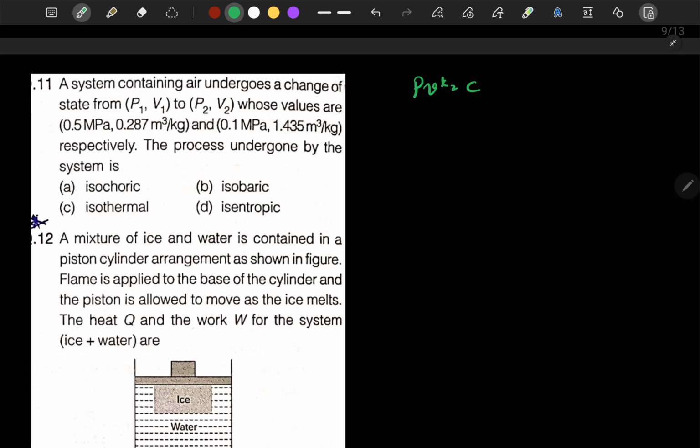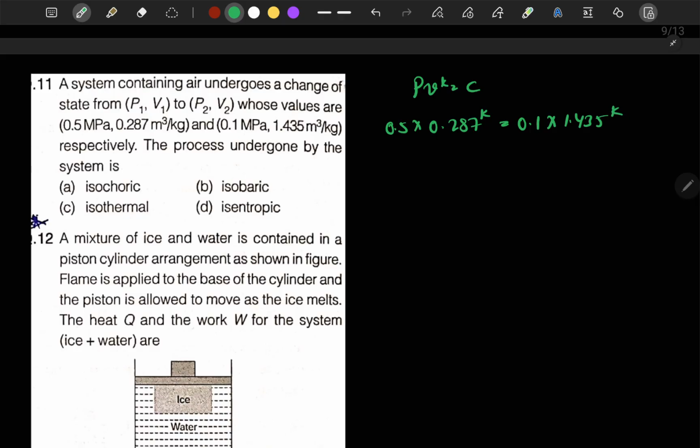So we will apply this in this case. So pressure is 0.5 into volume 0.287 to the power k is equal to P2 0.1 into 1.435 to the power k.